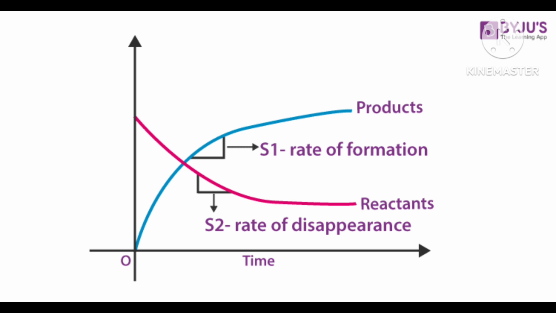Sometimes you will find black rusting. In old buildings, if you see the window, if there is any iron rod, you will find black rusting. How much time did it take? All these answers you will get by a study of chemical kinetics.